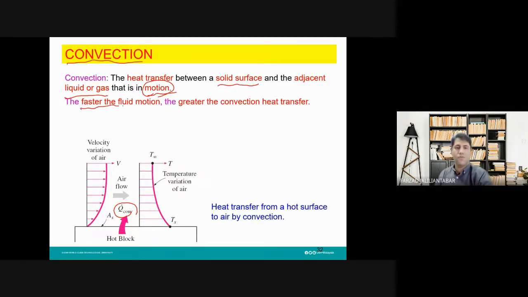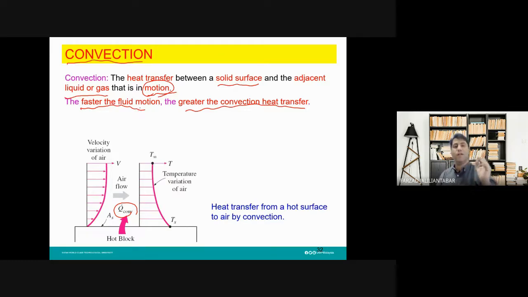And the faster the fluid motion, the greater the convection heat transfer. This is the reason why we have fans in our laptops, in our houses. We have a fan because it will cause the motion of the air. Air is a fluid.